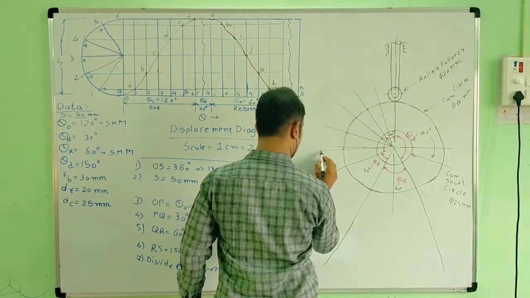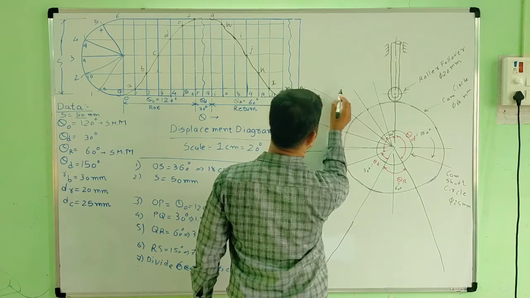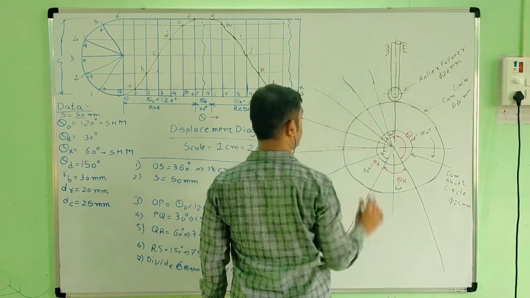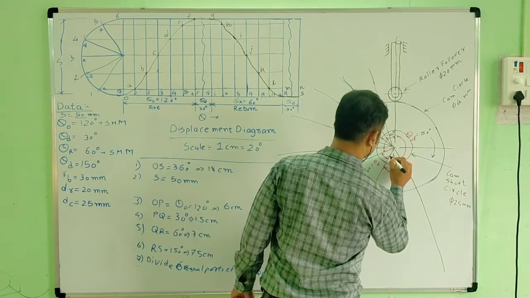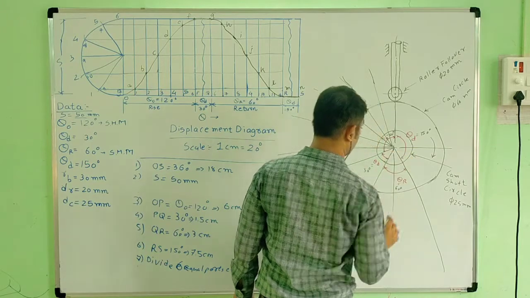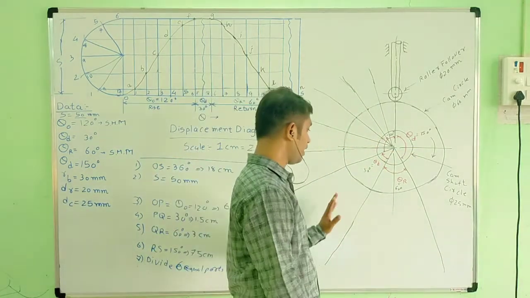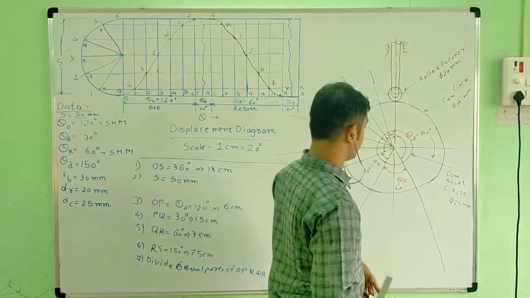Okay, now we extend this line. Carefully, we have to draw. Okay. Then next, the 30 degree divide. So it's not a requirement to divide into 6 equal parts. Then next the return, we divide into 6 equal parts.